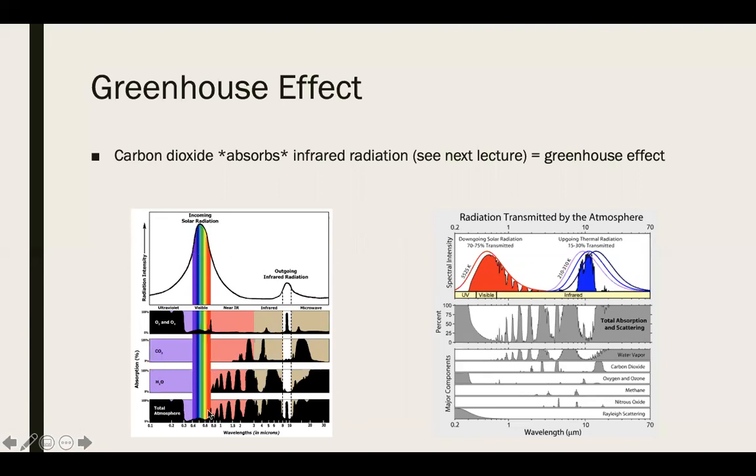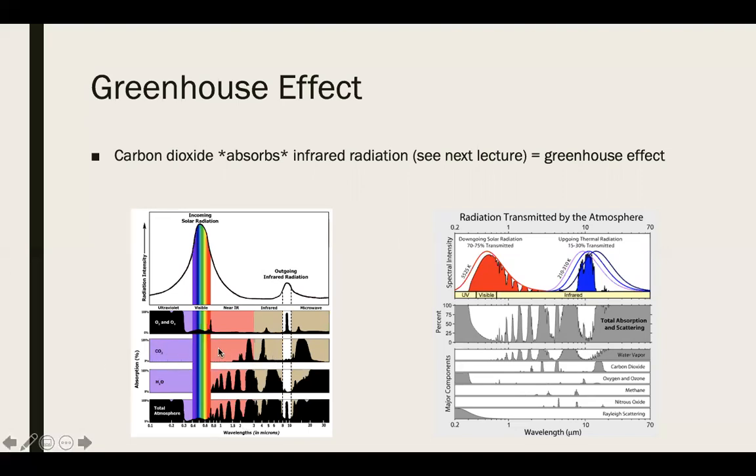So here is the sunlight, the incoming solar radiation. You can see here it's like this rainbow. You can see that CO2 is basically transparent to incoming solar radiation. There's no interaction. But these little black blobs here are the wavelengths of light that these gases absorb, that they intercept.